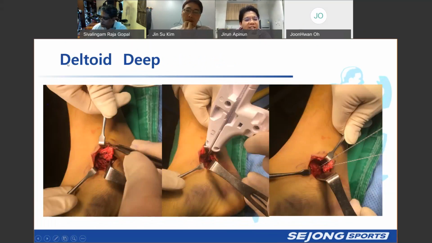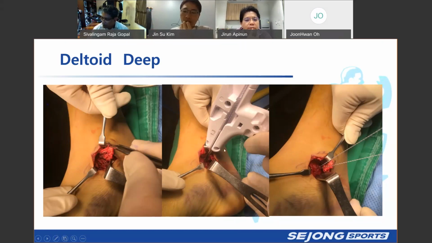Sometimes the deltoid also. The superficial bundle usually is torn at the malleolar side, but the deep deltoid is torn at the talar side. So it is a little bit difficult because of the very deep structure. But the suture technique is very simple. We just see the small area and then we fix it with the suture.